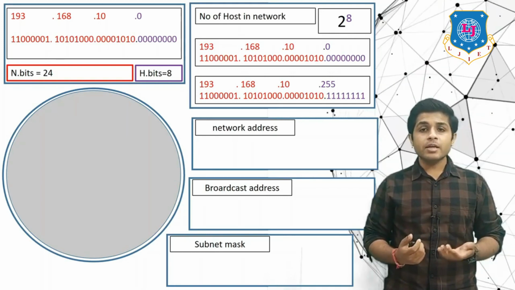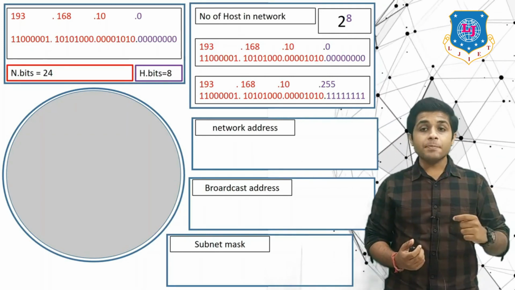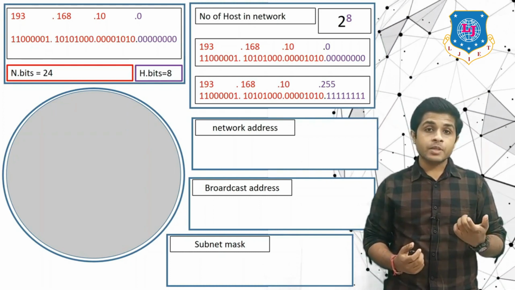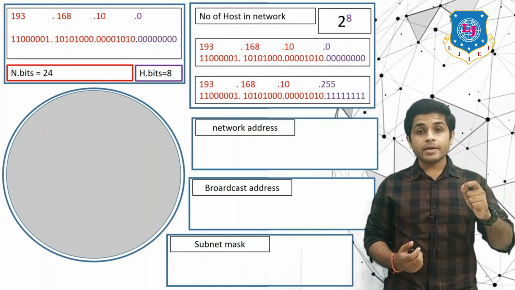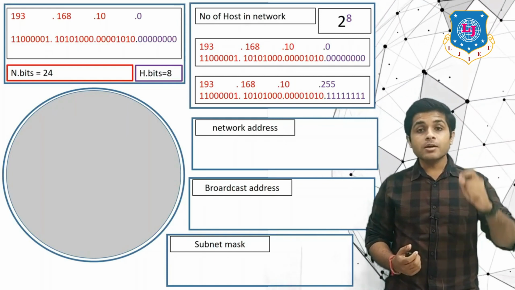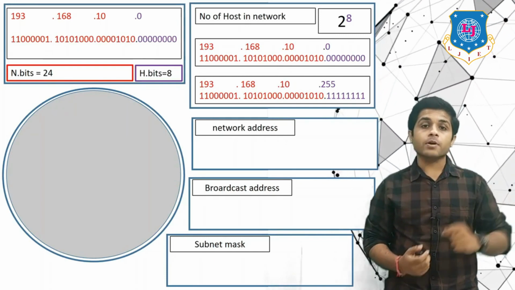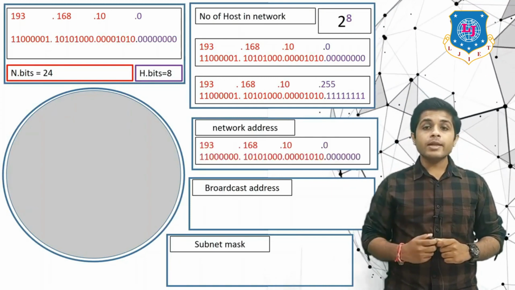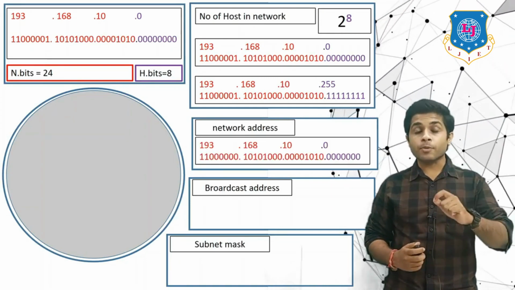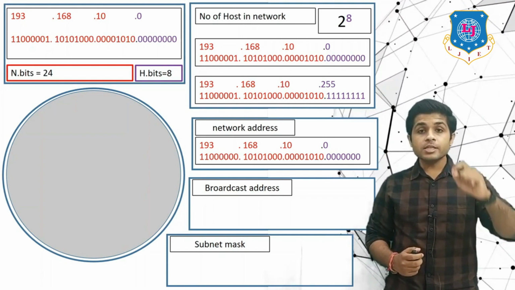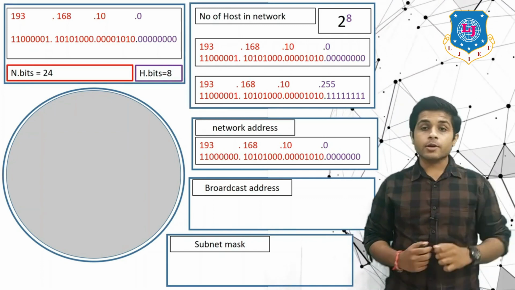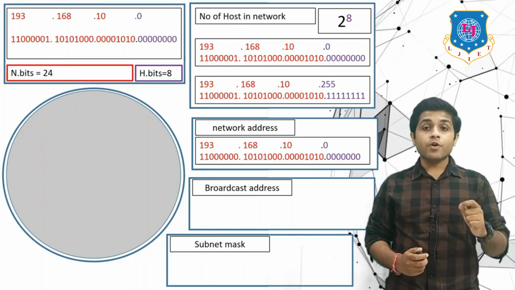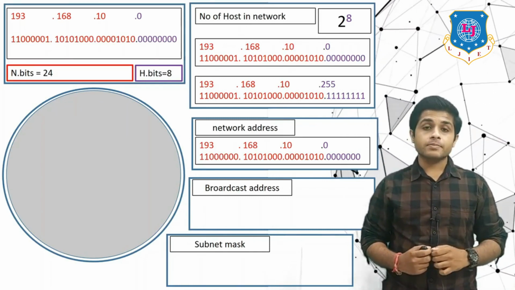Generally, the first and the last IP addresses are not allocated to any device, because the first IP address of the network, 193.168.10.0, represents the whole network, and the last IP address is the broadcast address.